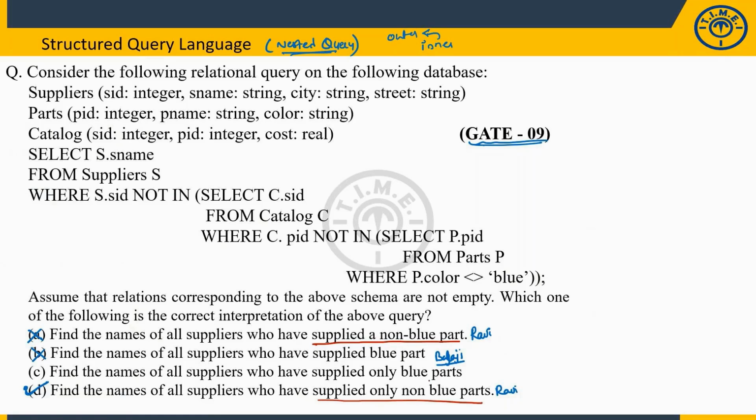Supplied a non-blue part means he may also supply blue parts. Only non-blue means he should not supply any blue part. Likewise, blue part means he may also supply non-blue parts, but only blue means he should not supply any other parts. Have you understood the meaning of only blue and only non-blue?